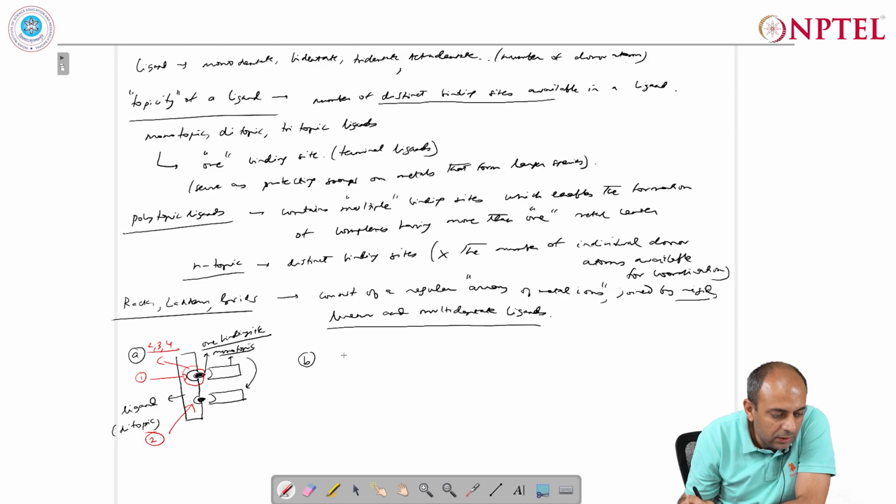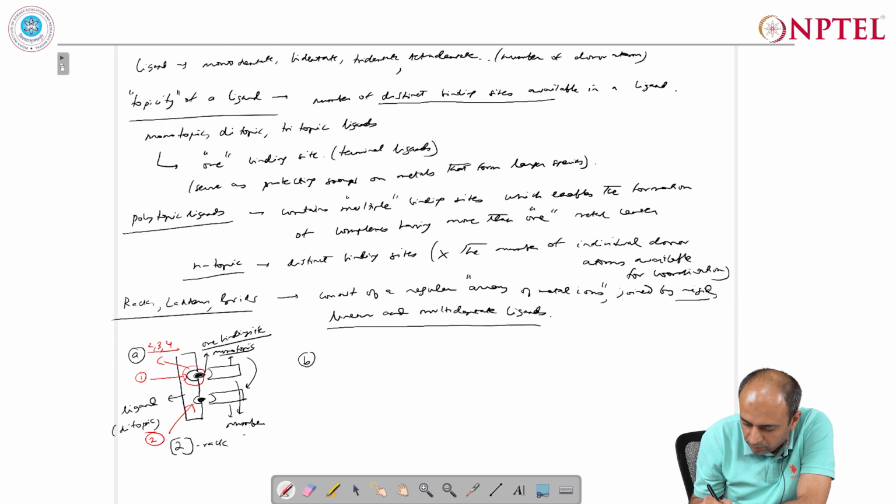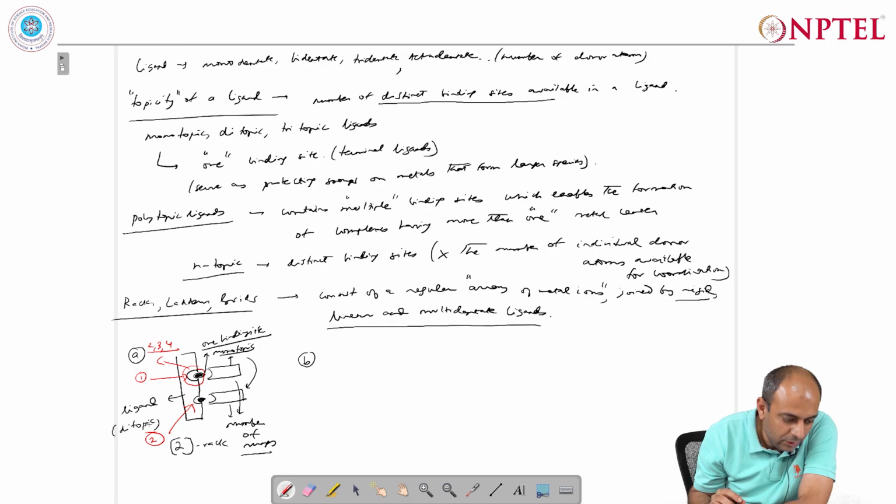Similarly, we can now understand the construction. This is referred to as a 2 rack, where the number 2 refers to the number of rungs, essentially the 2 monotopic ligands which are attached to the ditopic ligand. You also have to keep in mind that these are arranged perpendicular to each other.